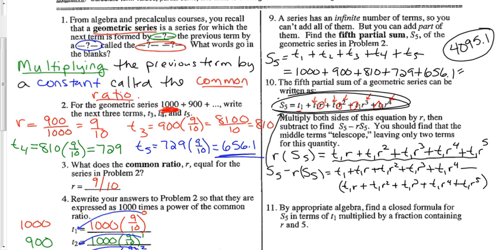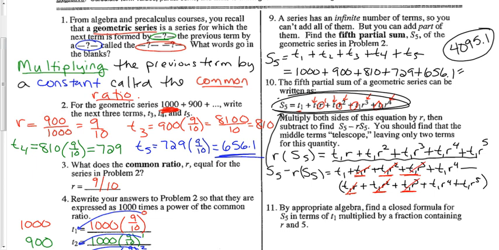And then we're going to simplify this. I'm going to use my red, because basically I have everything positive and I'm subtracting away the parentheses, so I should just be able to cancel terms out. You see I have a t sub 1 r here and a t sub 1 r here. Great, those are going to subtract out. I have a t sub 1 r squared and a t sub 1 r squared. Those are going to cancel out. I have a t sub 1 r cubed and a t sub 1 r cubed.